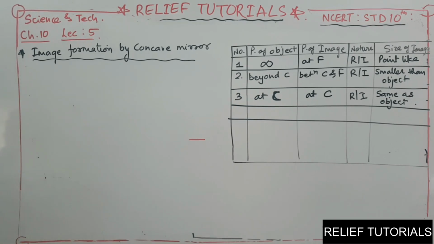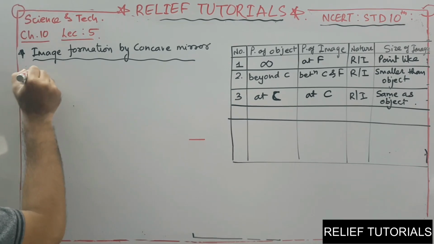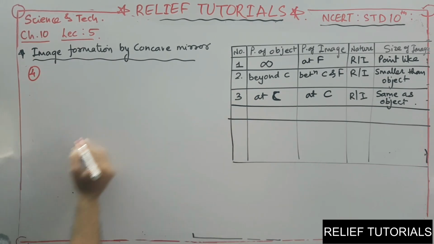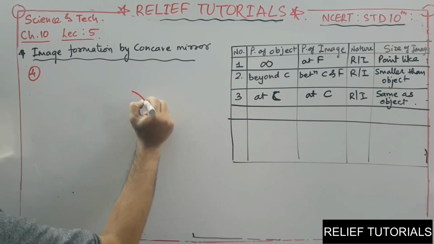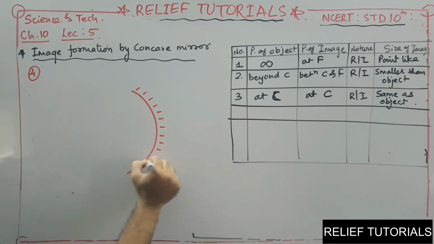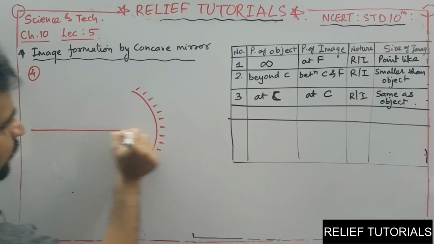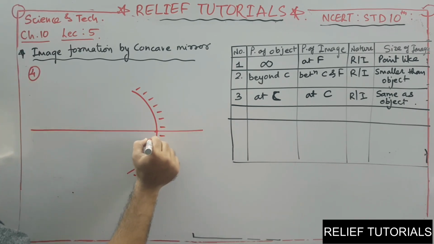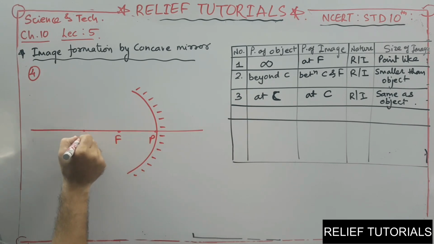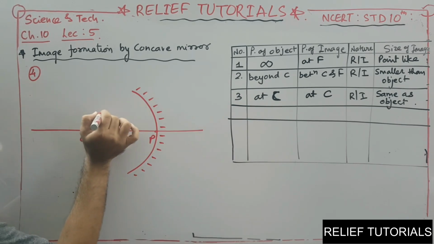So fourth case, let us take the object between F and C like this.